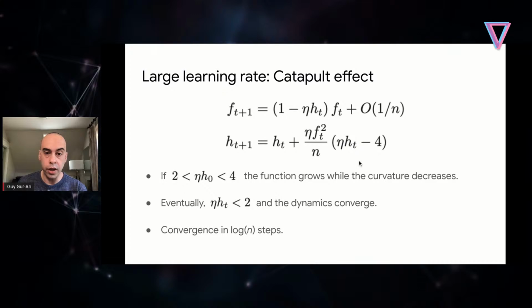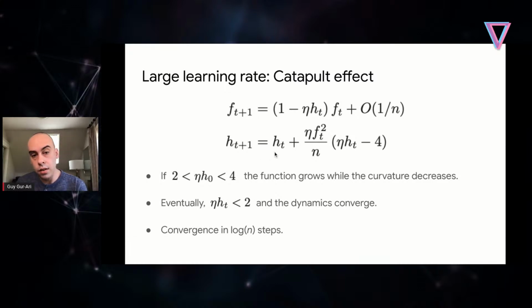Okay. So we're back with the full set of equations. Let's look at this term, the update term to the curvature, which is suppressed by 1 over the width. As long as we're in this particular window of learning rates, this factor here is going to be negative, which means that the curvature is going to get negative corrections. As the function blows up, it's just going to get bigger and bigger negative corrections.